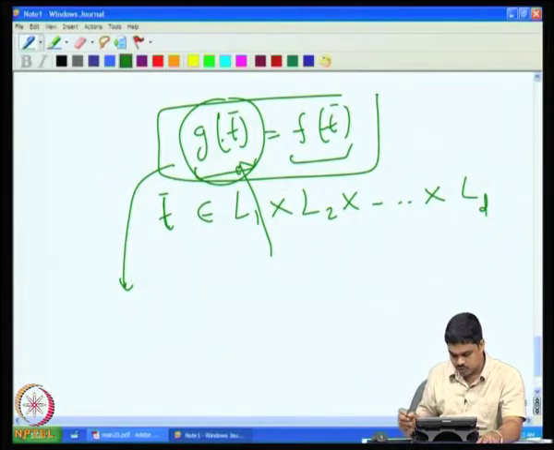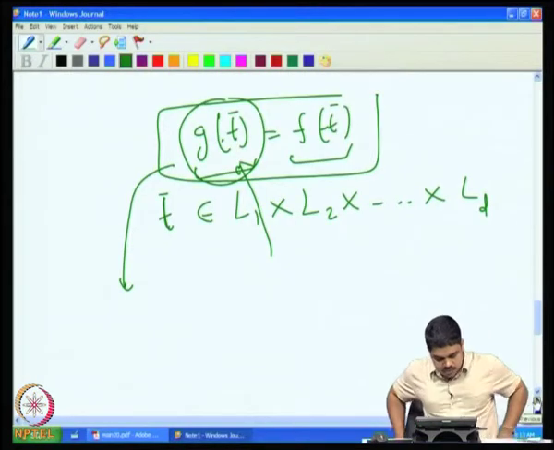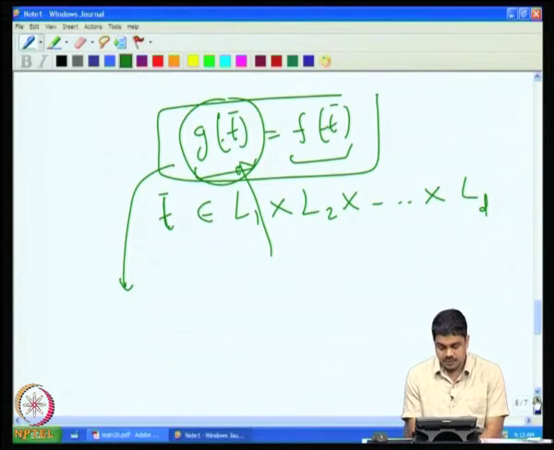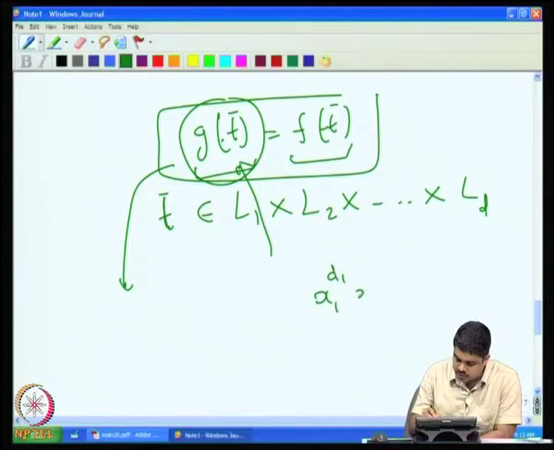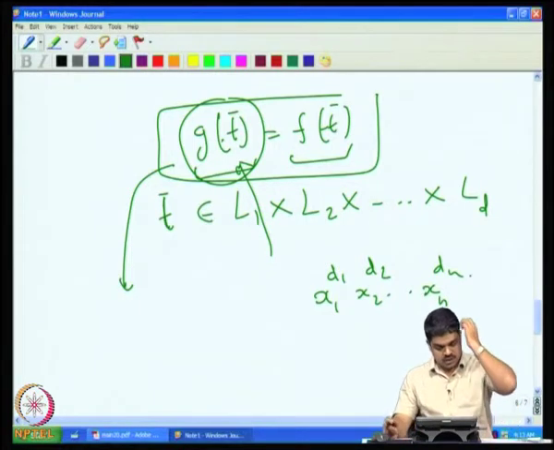Is it a non-zero polynomial? Yes, the non-zero polynomial comes from considering this particular term, x1 raised to d1, x2 raised to d2, up to xn raised to dn, which is not at all changed.